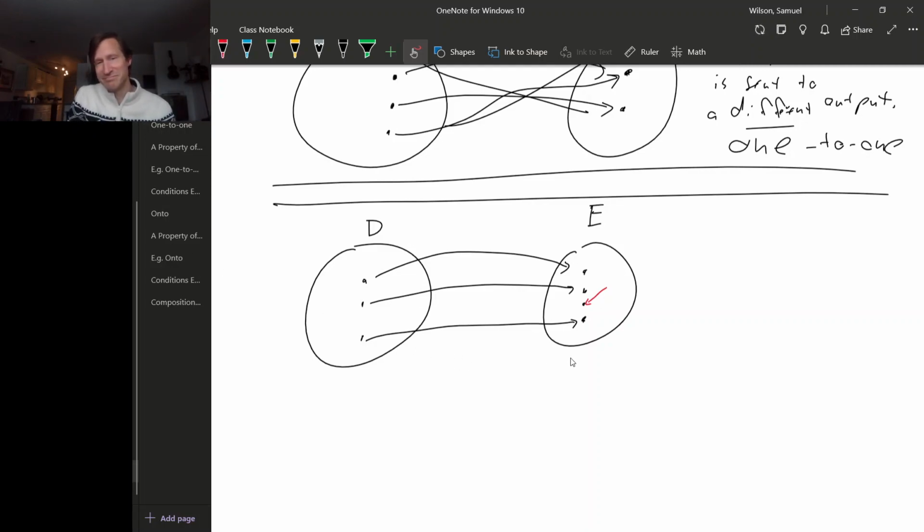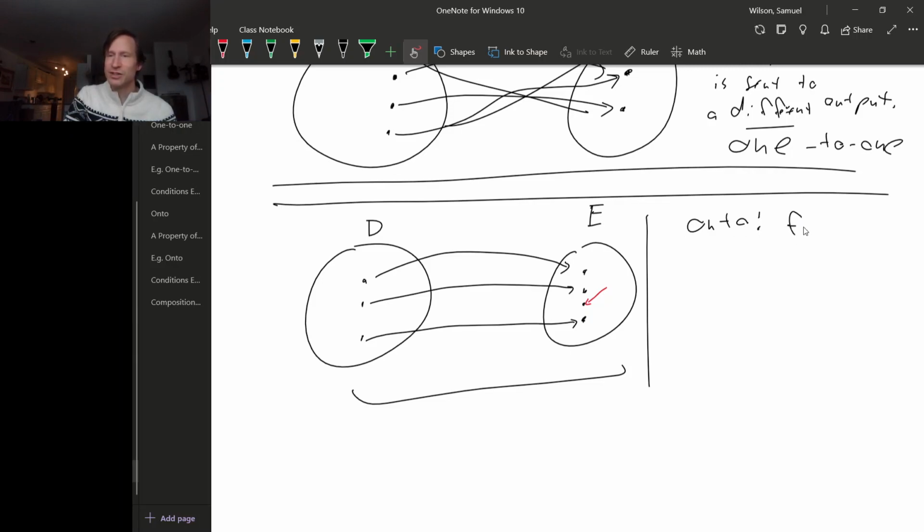That doesn't make this not a function. This is still a perfectly good function, but there may be some situations where this sort of missed item in the codomain might be a problem. So what we can do is make note of when this doesn't happen. The name for functions where this doesn't happen is called onto.